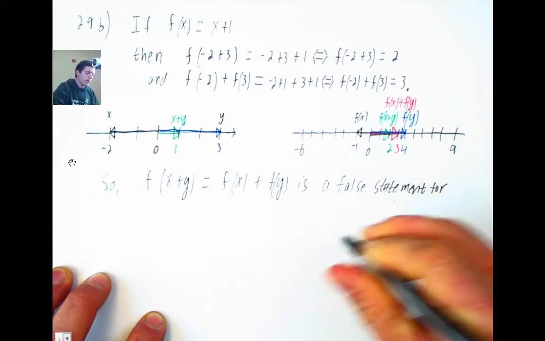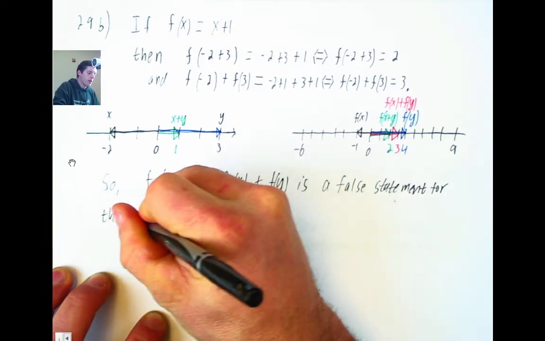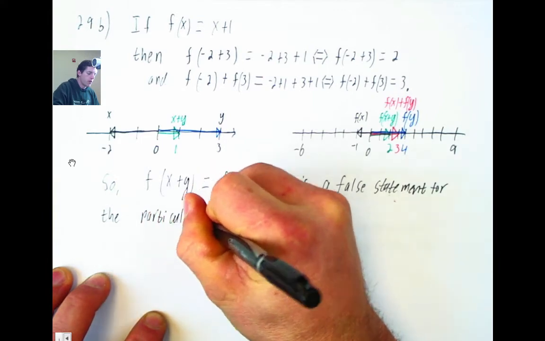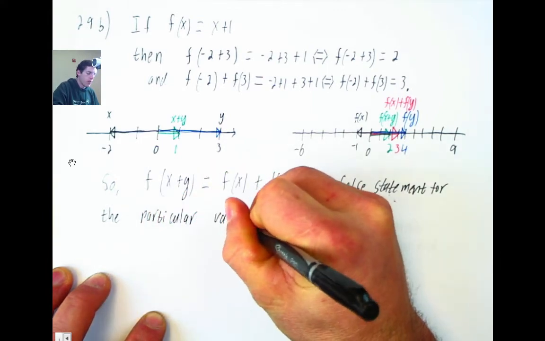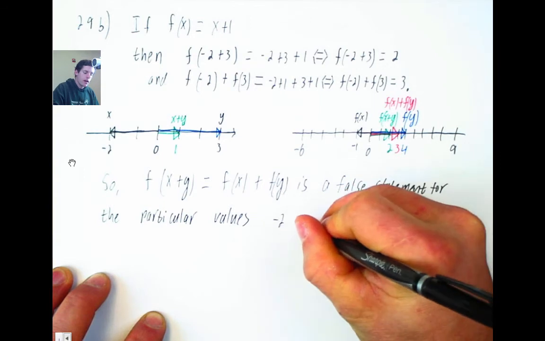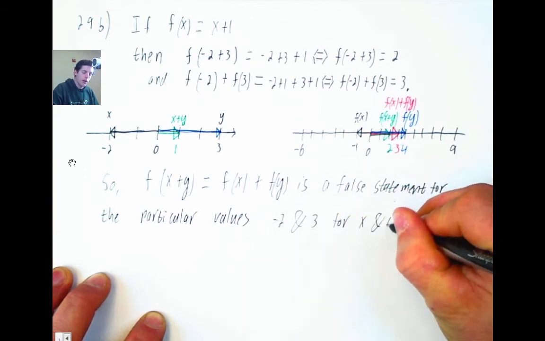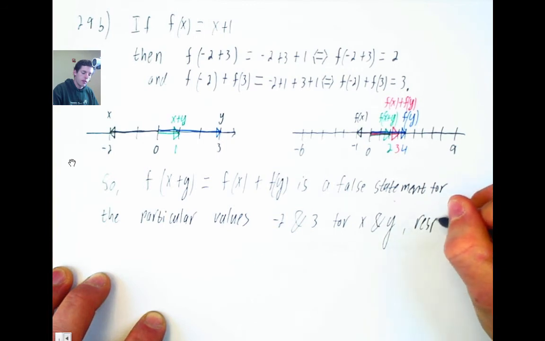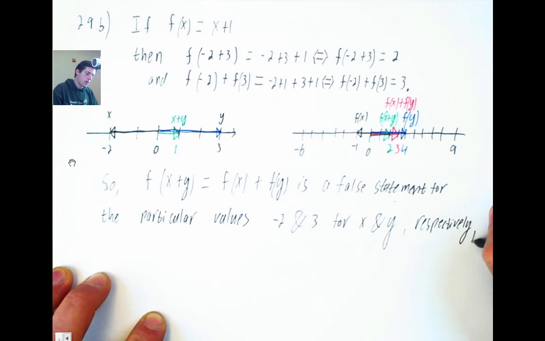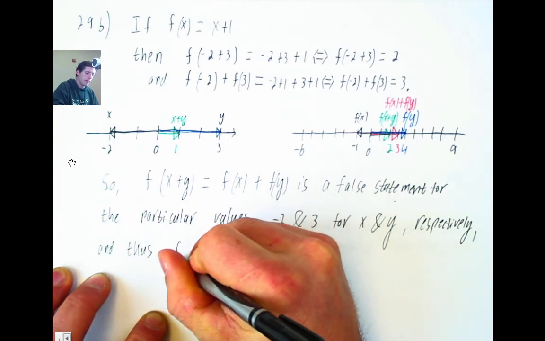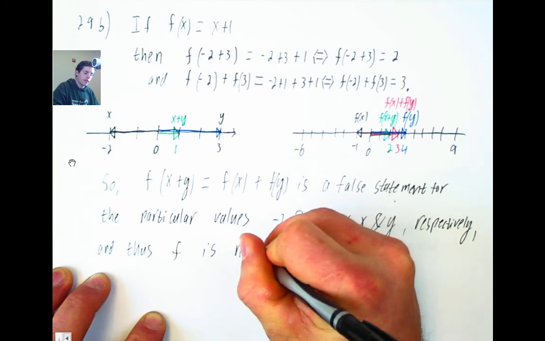For the particular values -2 and 3 for x and y respectively. Thus, f is not additive.